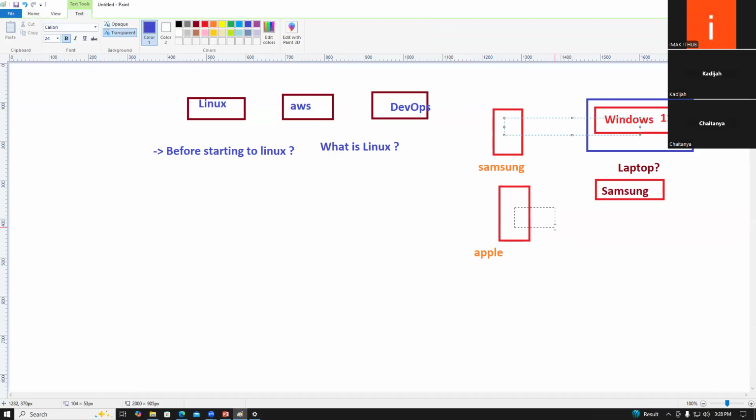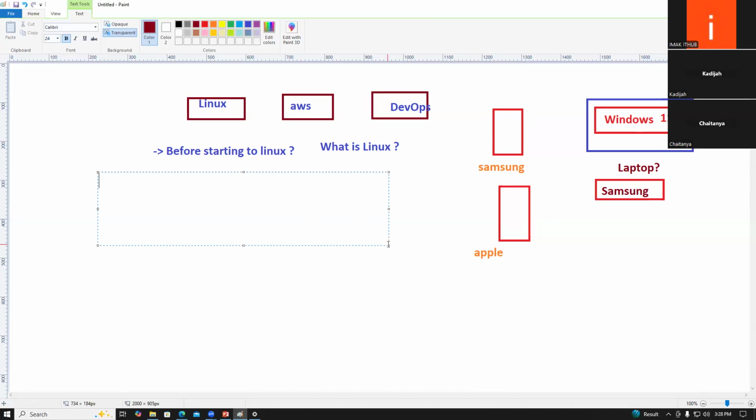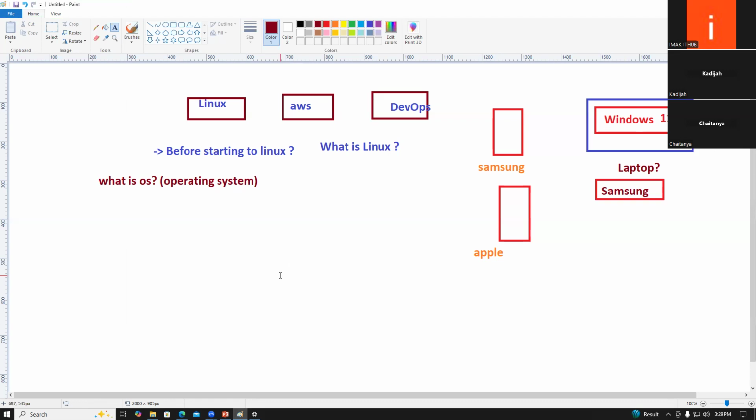Apple means iOS, I will tell you. Let me check the settings.